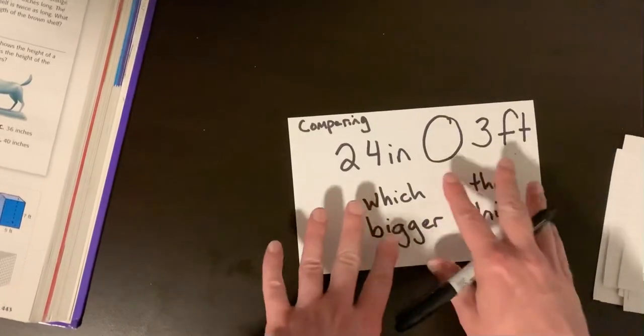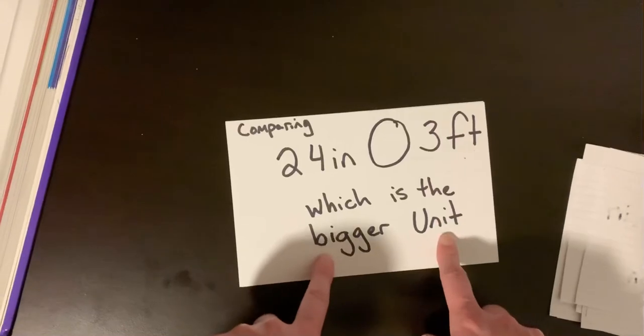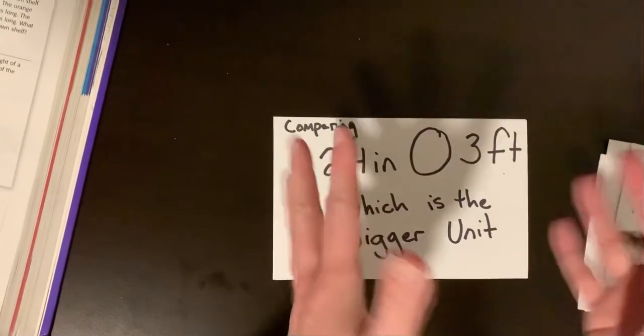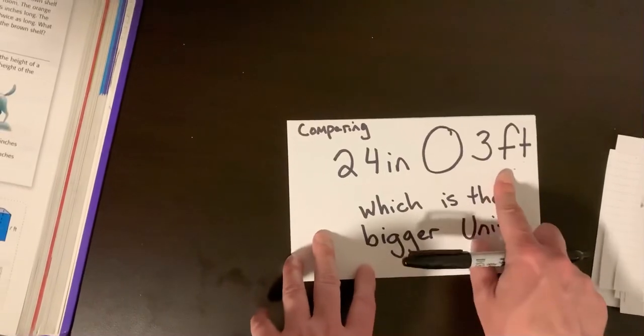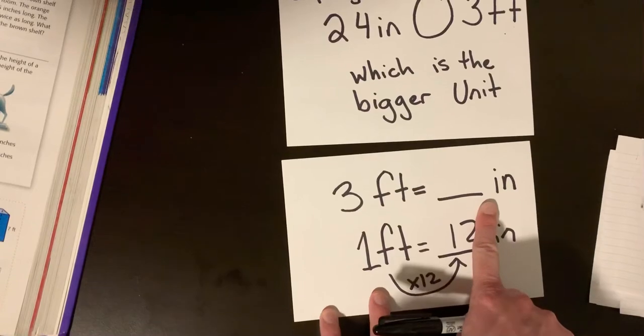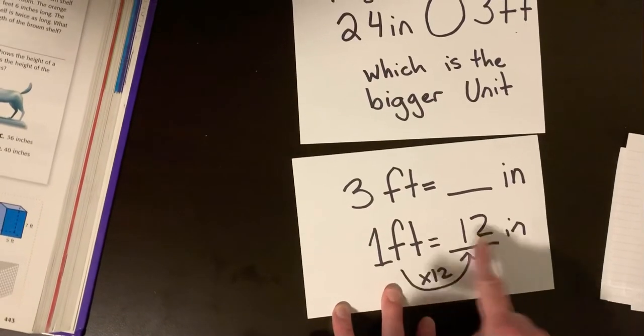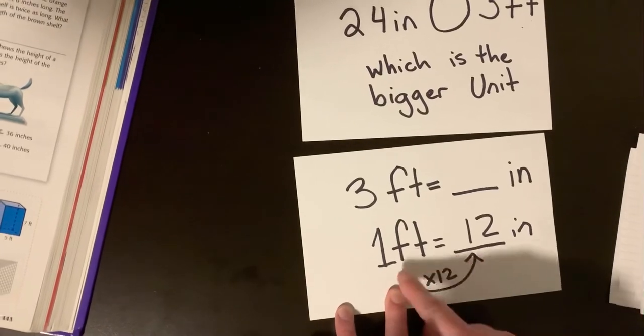Now, what happens if we're comparing two measurements? I always want to look at which one is the bigger unit, because it's always easier to make something big small. So I see that the 3 feet is larger. So I'm going to see what 3 feet is equal to in inches. How do I go from feet to inches? I multiply by 12. 1 foot is equal to 12 inches.